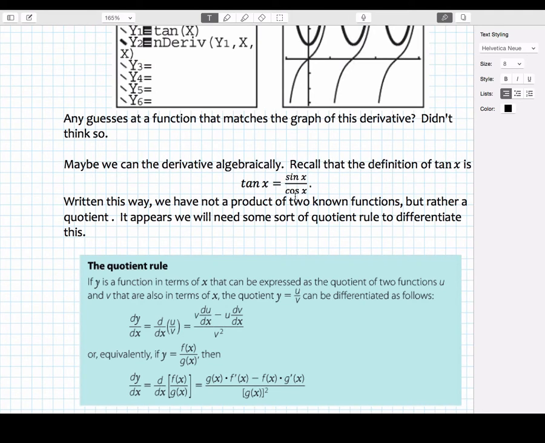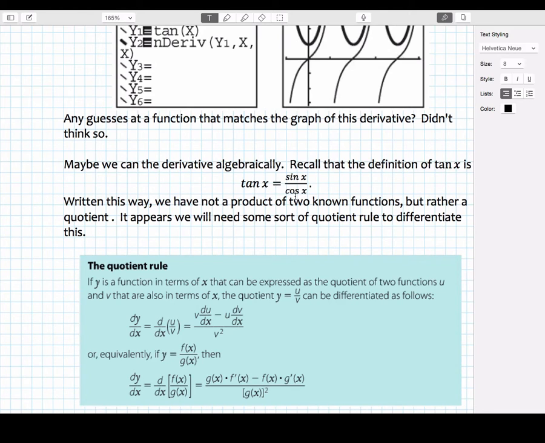Megan's got a question. So to find the derivative of tan, couldn't you just take the derivative of that equation and you get cosine over minus sine? You might think so, but it doesn't quite work like that. That's a great question. She says, why not just take the derivative of sine, the derivative of cosine, and then divide them?